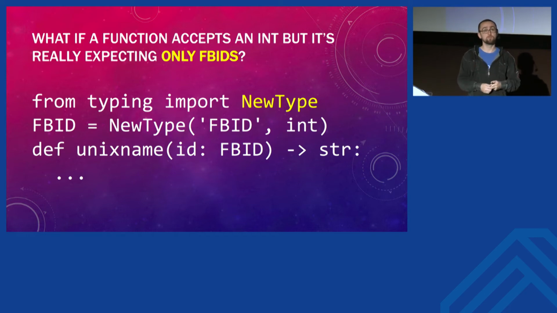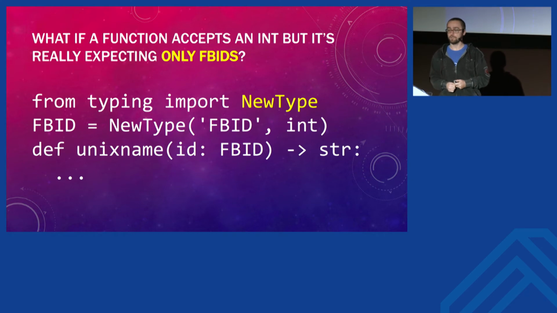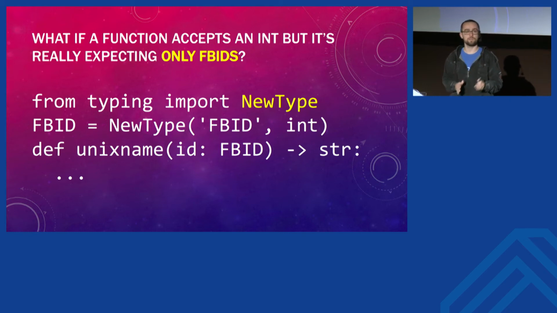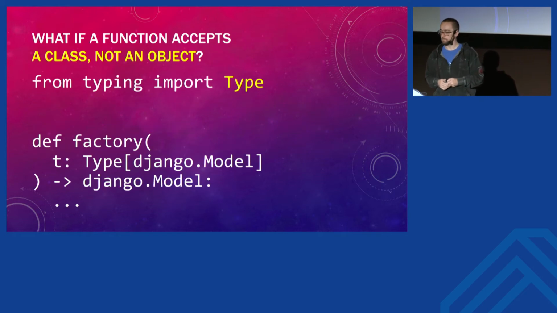So we are going to use NewType. Functions that accept FBID will be unhappy if you give them an arbitrary int. They have to now be compatible. You specify that you really mean this. You got an FBID from a database or something, and you for sure know that this is going to be valid for this particular use case.